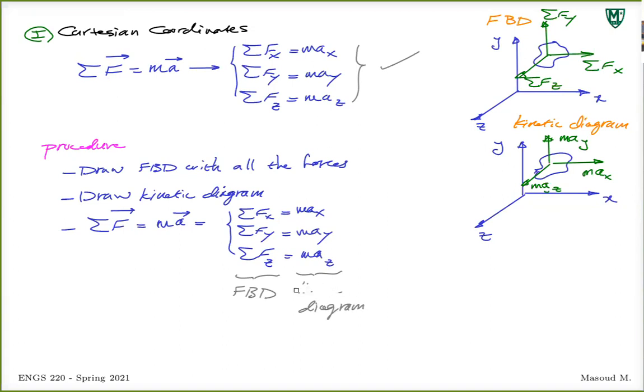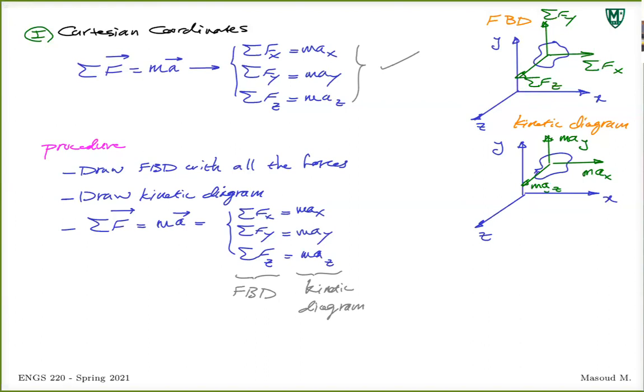This is very ugly kinetic here. So before you only had the left side, now you have the left side and the right side is added to it. You still are going to get three equations, right? One in x direction, one in y direction, one in z direction. But now the equations you have are not just forces. Now you also have components of acceleration.